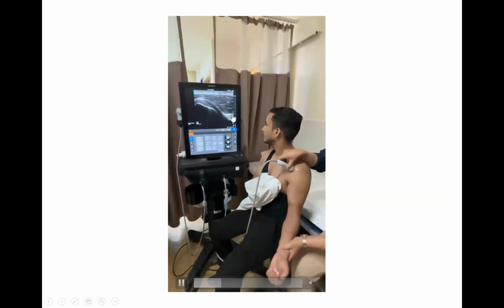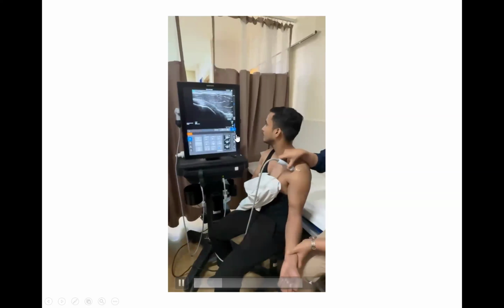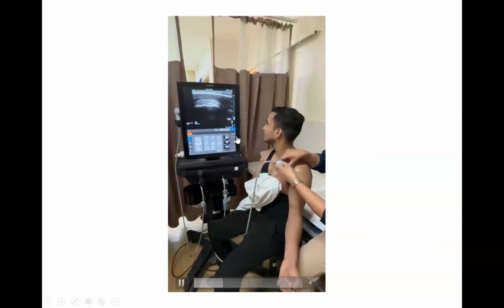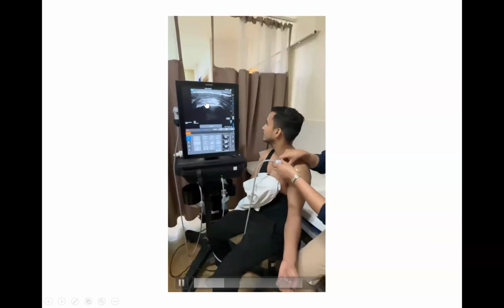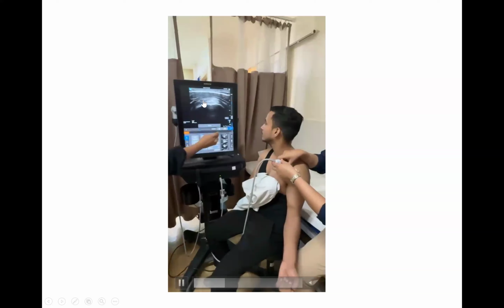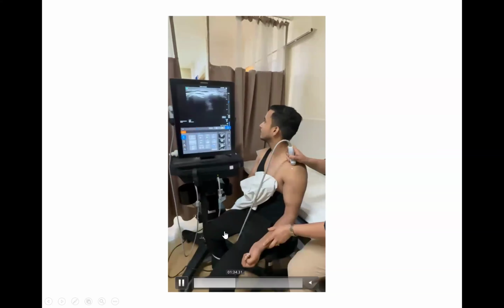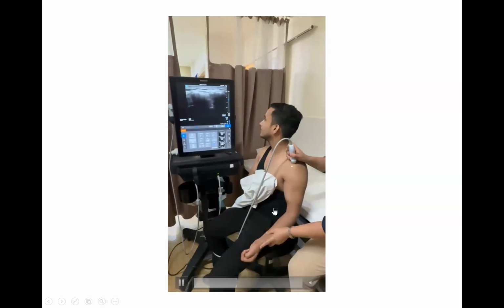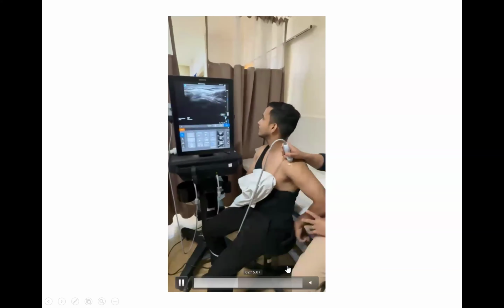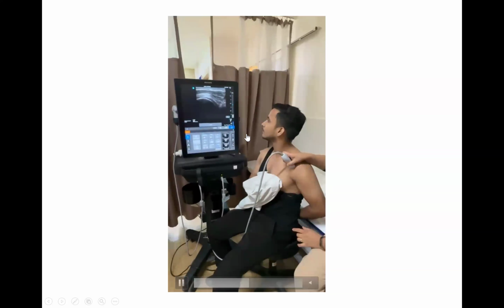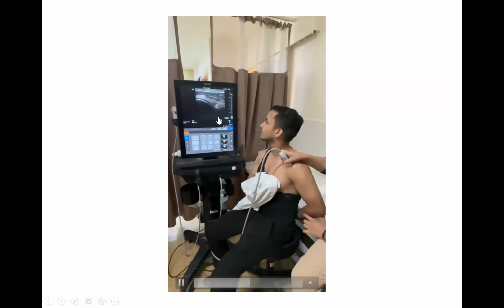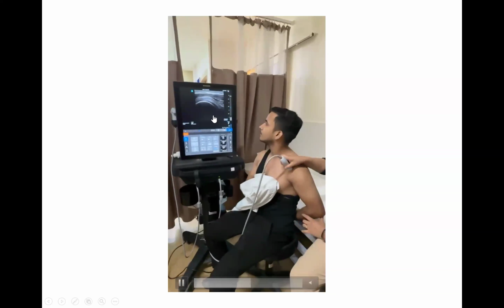Then we move the probe in the short axis, look for the multipinnate nature of the subscapularis tendon. After that, we move our probe onto the AC joint and look at the AC joint, then put the hand in the back pocket and look for the supraspinatus tendon.